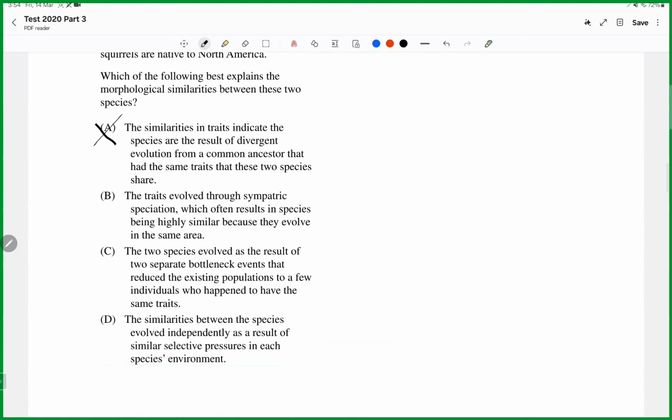They live in different areas, so it's not sympatric, which is living in the same areas. It's D. There's no mention of death, so it's not C. Yes, that's exactly correct. That's convergent evolution.